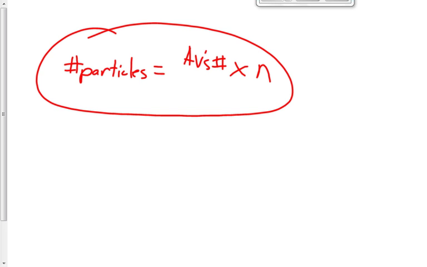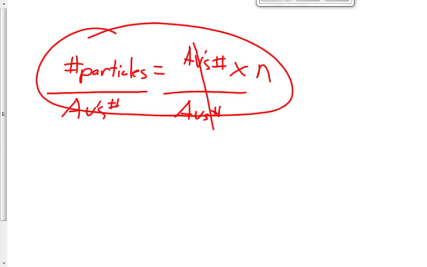Number of particles equals Avogadro's number times n, and you can manipulate that. If you need to get n, you just divide both sides by Avogadro's number. It cancels, and number of particles over Avogadro's number gives n. So it's a simple formula with three variables, same as what you've been using.